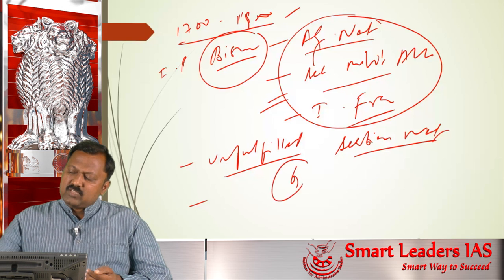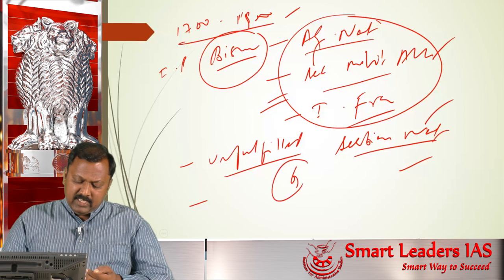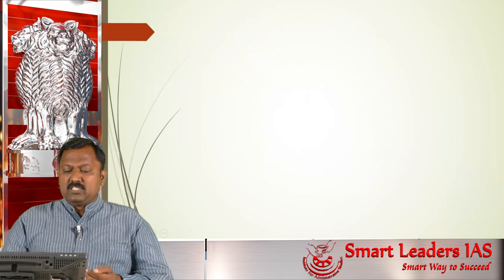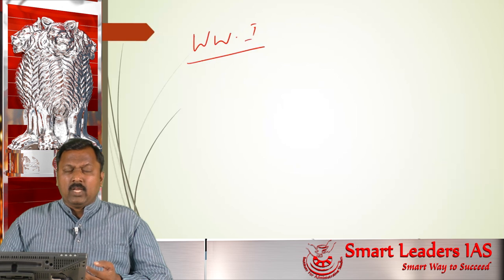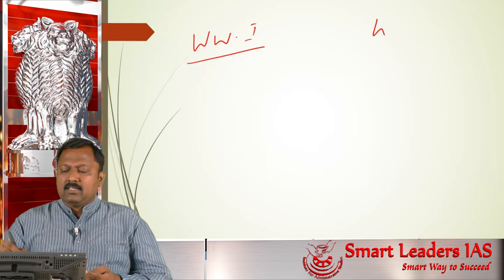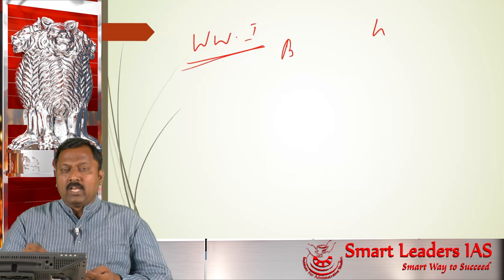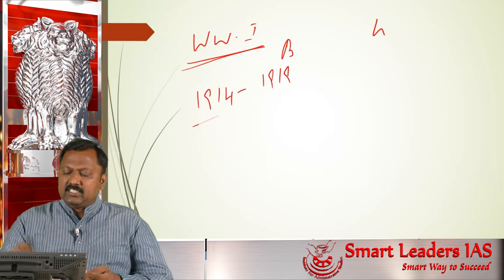So all these factors were responsible for creating the conditions for World War I. World War I is a result of the emergence of two armed military camps, one led by Germany, another led by Britain. World War I happened in 1914 and concluded in 1919.